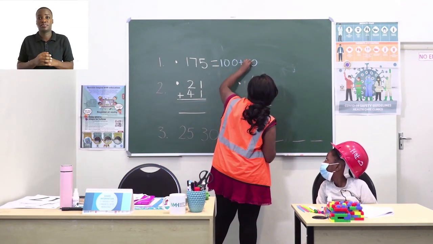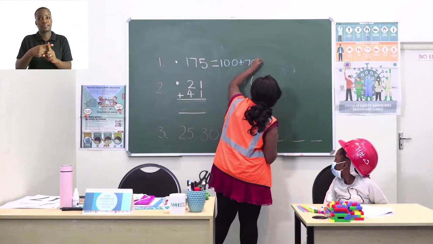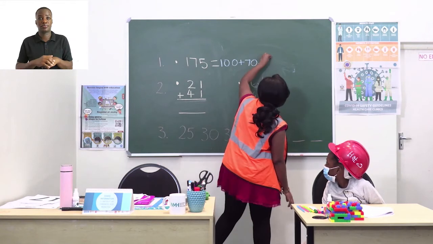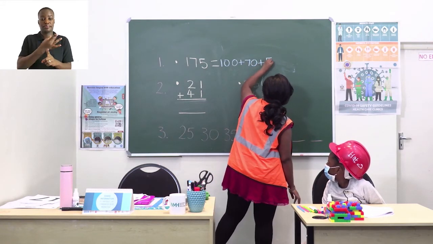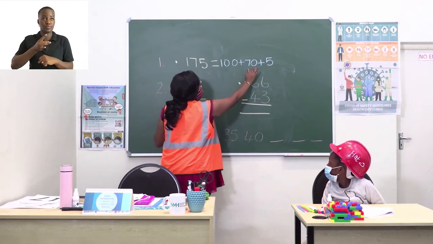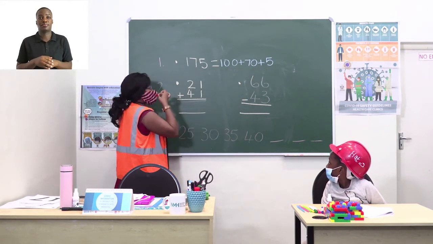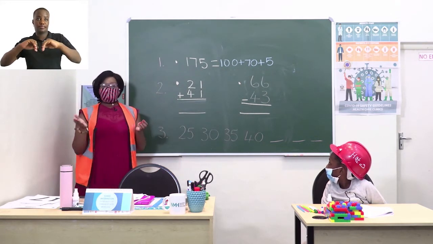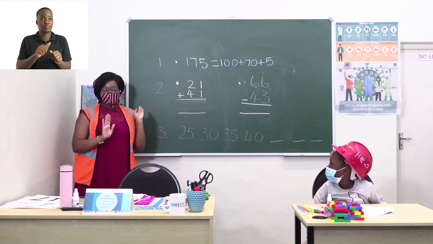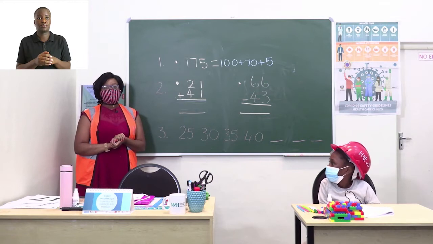And another plus sign. And we have our 5. So it will be 5. So it is now 175, the same as here. You're going to try this with the rest for number 1. Let us now take a look at what is in the booklet for number 2.